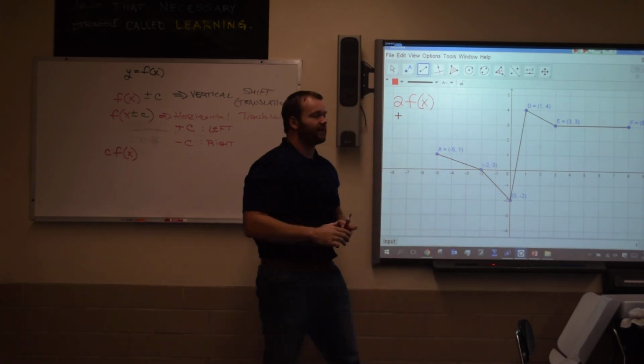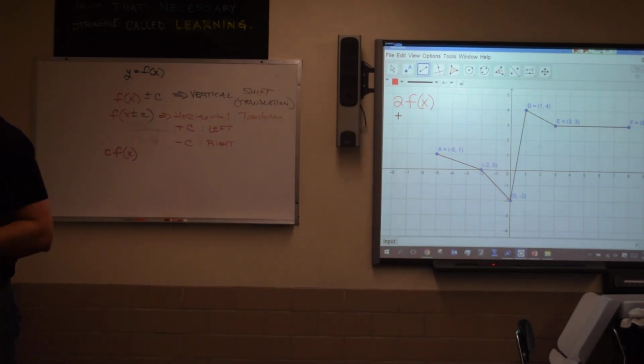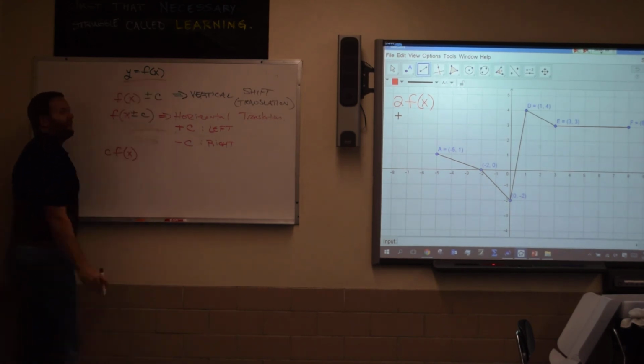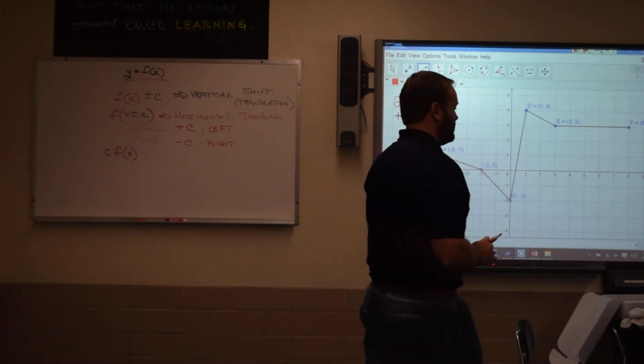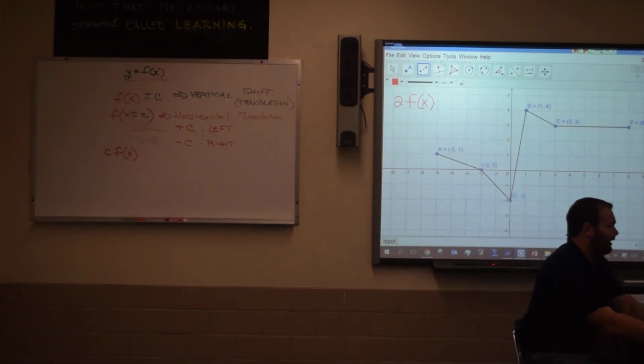Well, we'll go 2 f of x. Now, we'll think about what that means. f of x was your y values, right? Well, 2 f of x then is going to multiply your y values by that factor of 2. Does that make sense? So now, looking at all these ordered pairs, if I take a and multiply its y value by 2, it's going to go negative 5, 2, right?